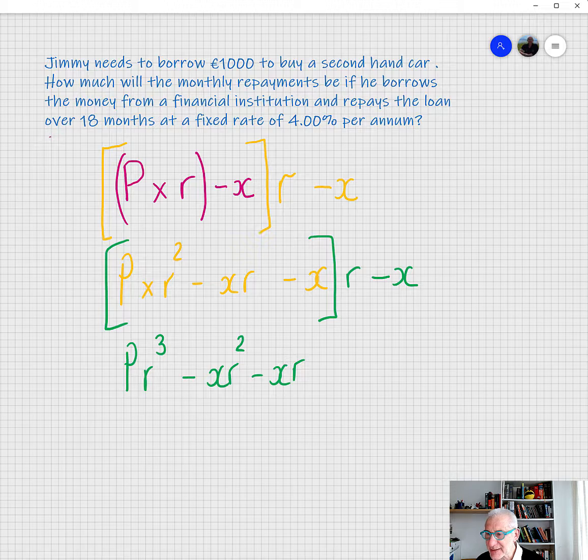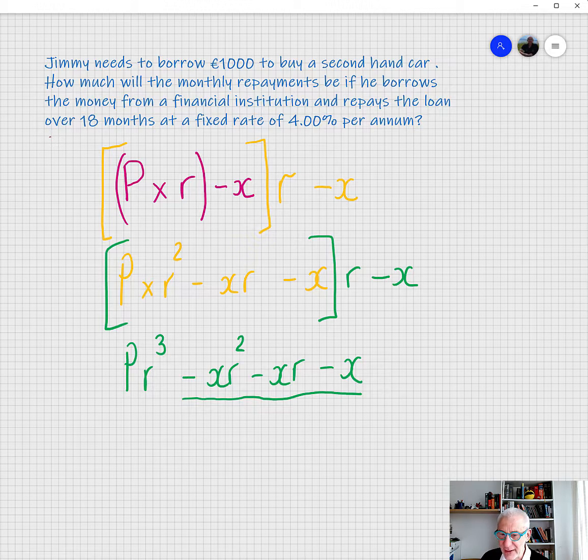Minus XR and then minus X. What you should be able to see is a little string of things building up with a particular pattern: minus X, and minus X.